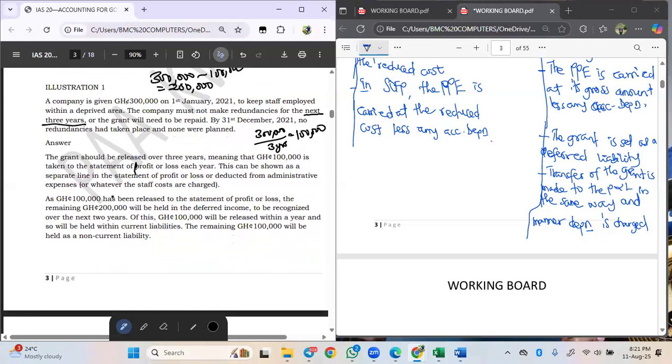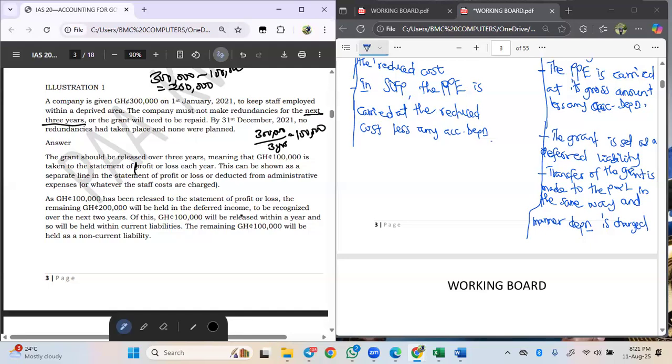Okay, so as 100,000 has been released to the statement of profit or loss, the remaining 200,000 Ghana cedis will be held in the deferred income, as I said, to be recognized over the next 2 years, here 2022, 2023, because the first year is 2021. Out of this 200,000, 100,000 will be released within a year. So 100,000 will be released in the what?